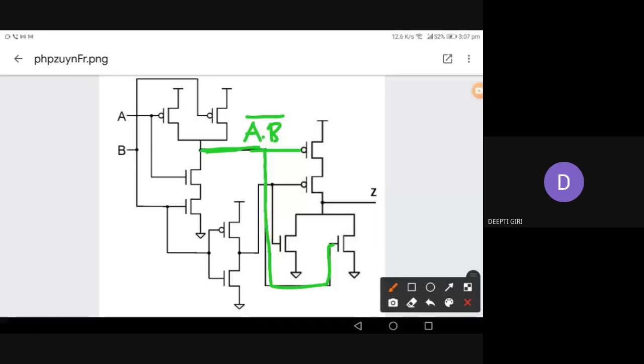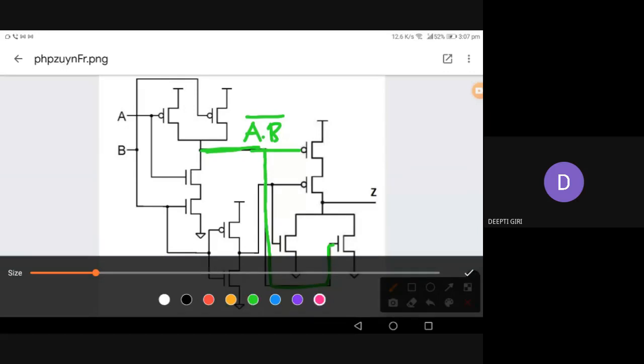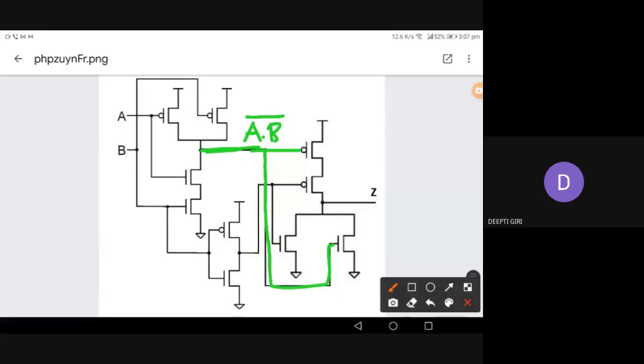And what is going to the input of the second PMOS of this right circuit? You can see here the B signal is going to the input of the inverter. Now what will be coming out? B bar will be coming out, and this B bar is going to the input of PMOS and NMOS.